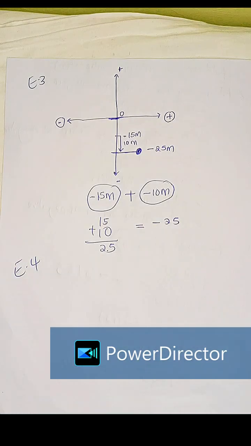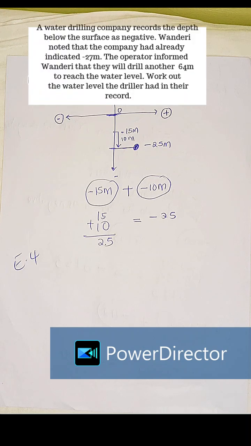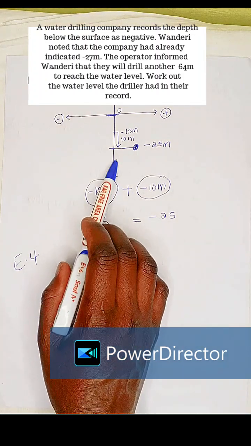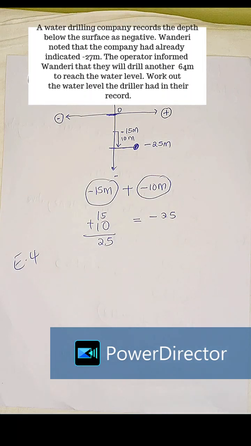Let us look at another example, the last one. A water drilling company records the depth below the surface as negative. As usual, going downwards is negative. So, the drilling company records the depth below the surface of the earth as negative. Wanderi noted that the company had indicated negative 27 meters.